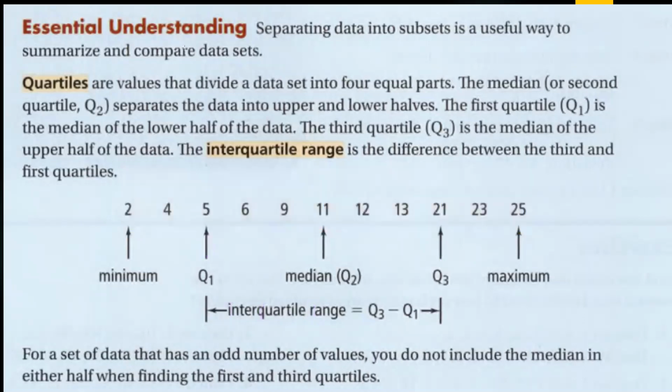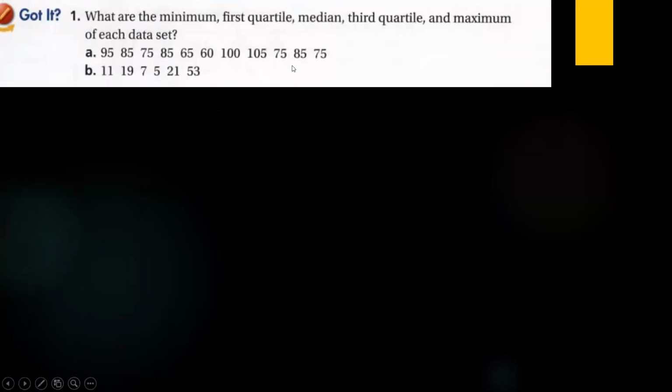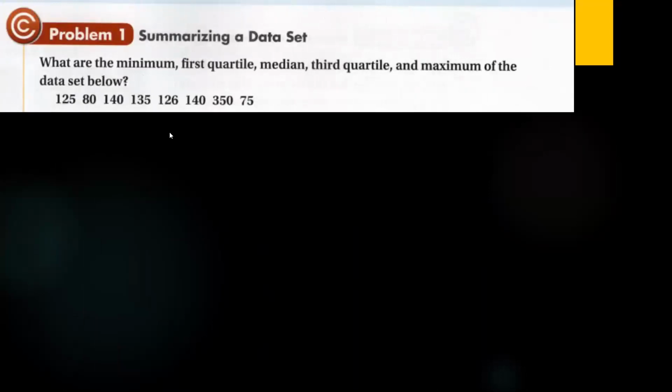Now, let's talk about how to find Q1, Q2, and Q3. Here we want to find the minimum, the maximum value, the first quartile, the median or second quartile, and the third quartile. The first step to find all of these: don't forget you have to arrange the data from lowest to greatest.